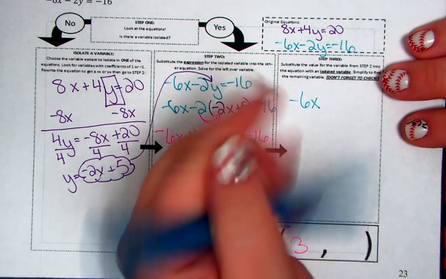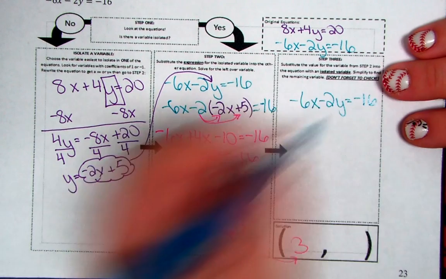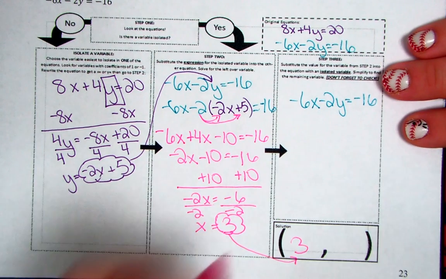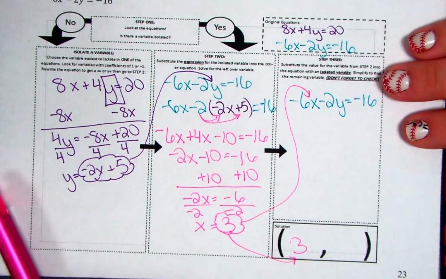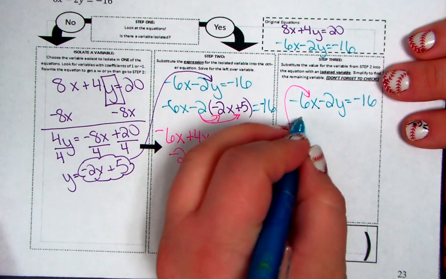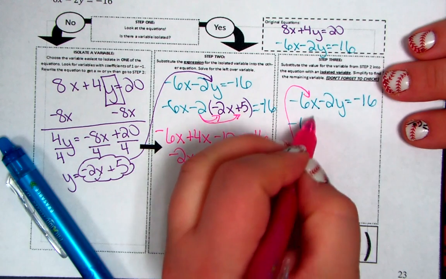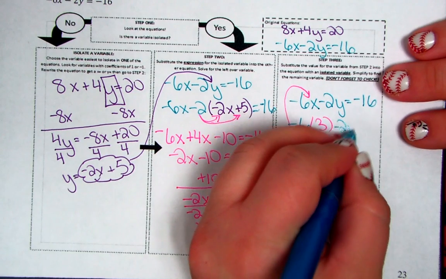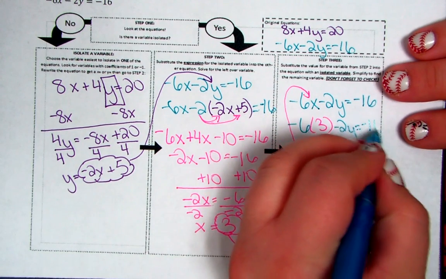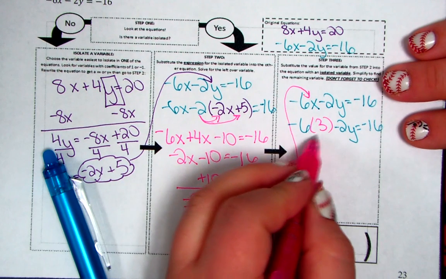Negative 6x minus 2y equals negative 16. And we're going to take this 3 and plug it in for x. Negative 6 times 3 minus 2y equals negative 16.